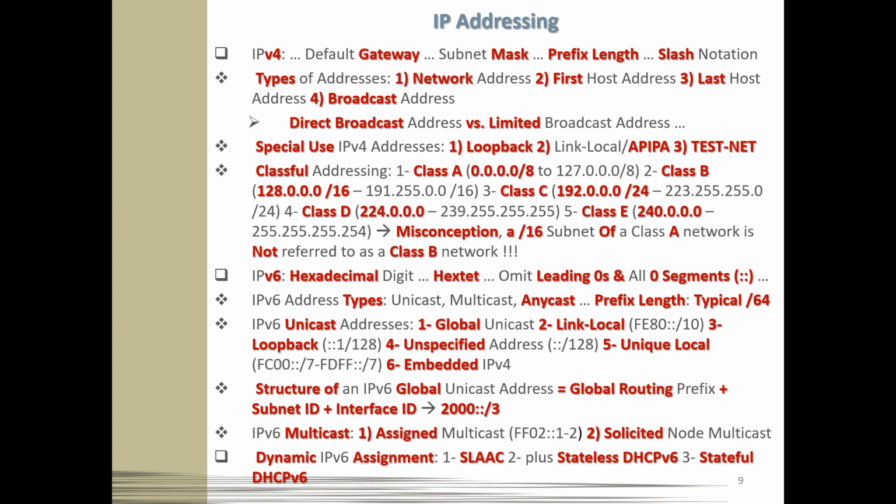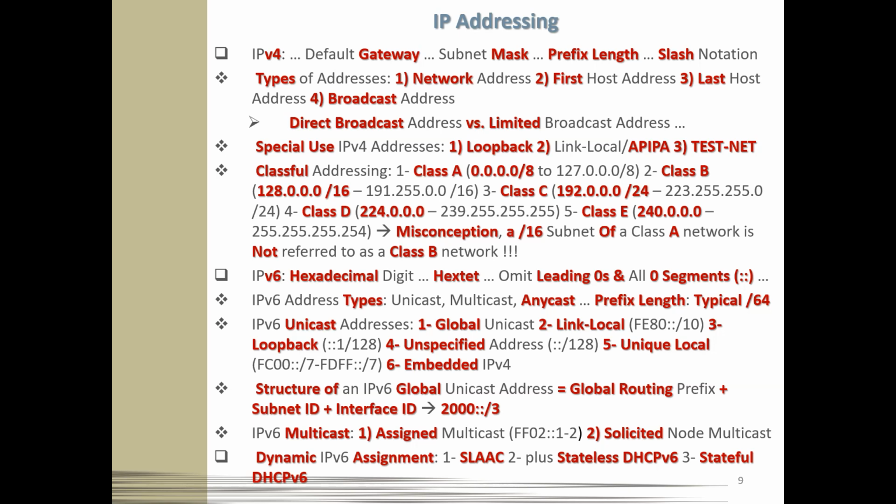It is used in layer 3 to layer 2 address resolution, similar to how ARP, address resolution protocol, is used in IPv4. Here we have solicited node multicasts that are automatically created using a special mapping of the device's unicast address with the solicited node multicast prefix FF02:0:0:0:0:1:FF00::/104, and solicited node multicast addresses are automatically created for every unicast address on a device.